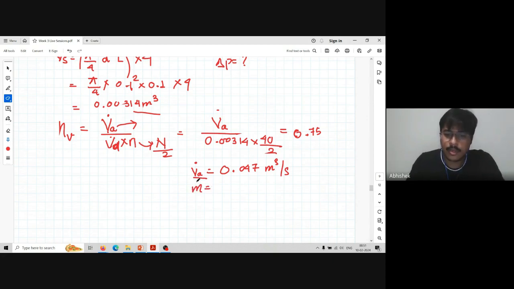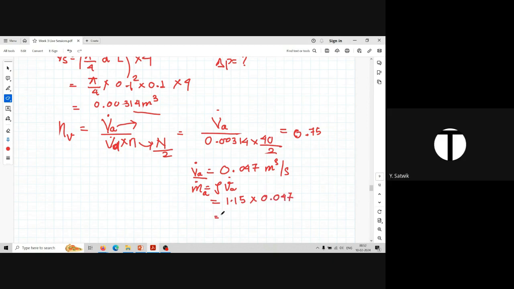How will you calculate the mass flow rate of air? Volume you have, density you have. Density into volume: 1.15 into 0.047 gives 0.054.